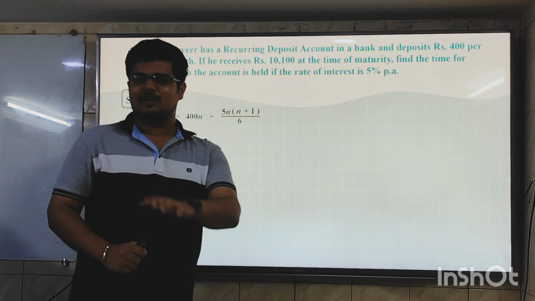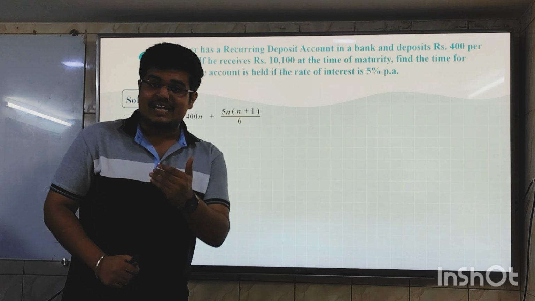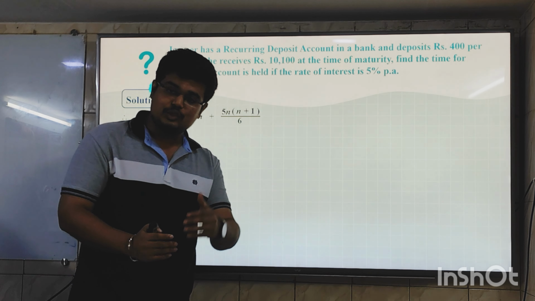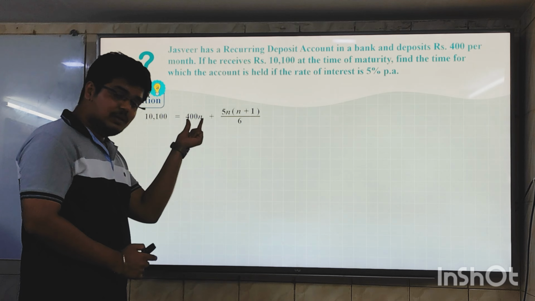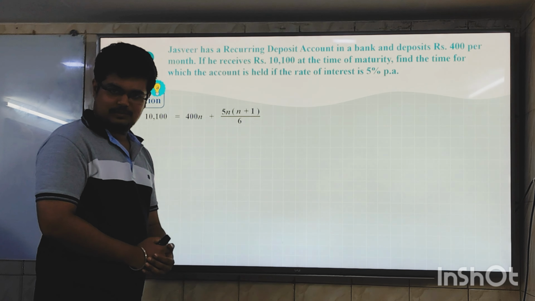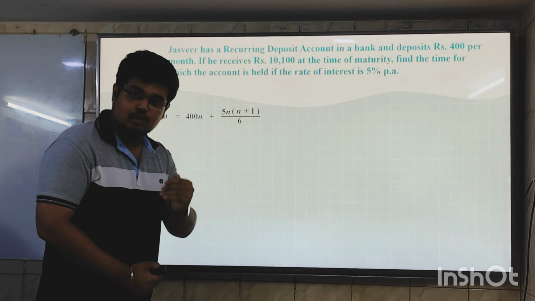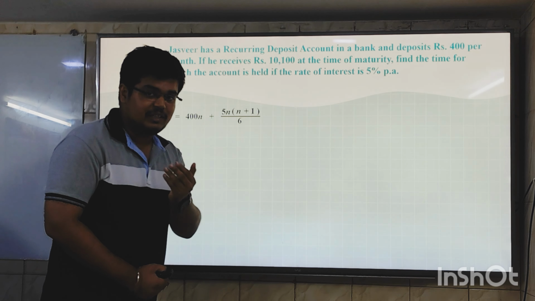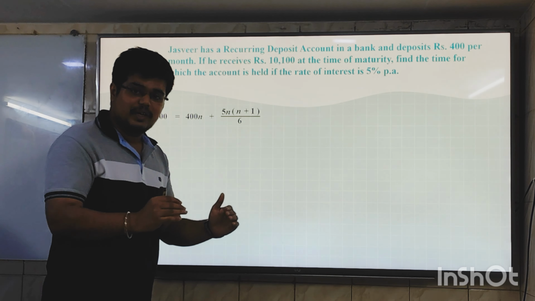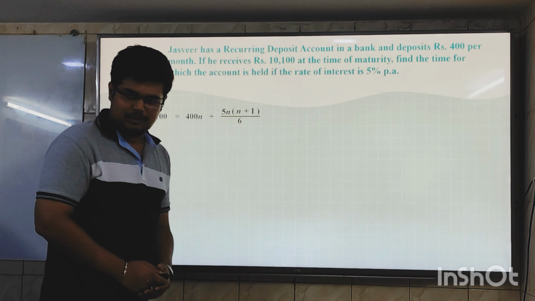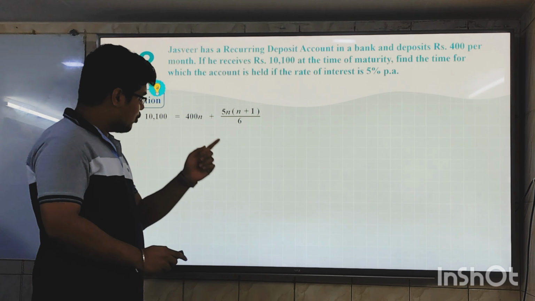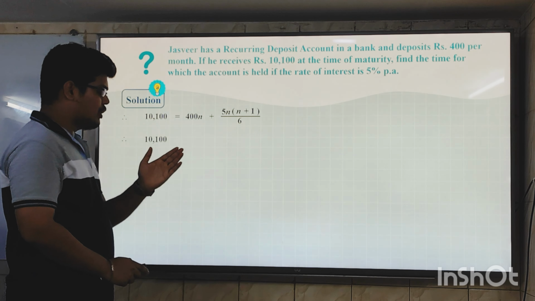The mistake is that you have to take LCM first. You cannot take 6 to the other side unless the other term also has the same denominator. 400n does not have a denominator, which means we'll first have to multiply it by 6. That is, take LCM, and once we have a common denominator 6, then we can cross multiply with that 6.